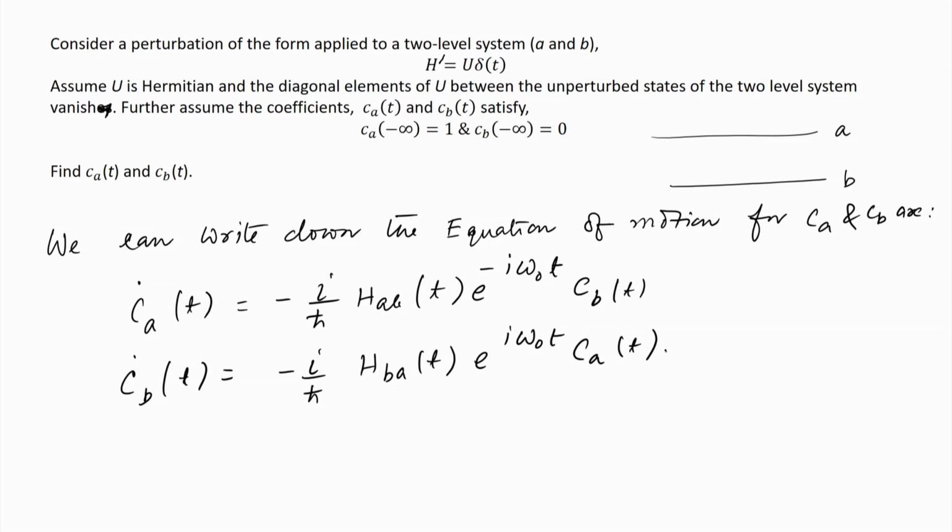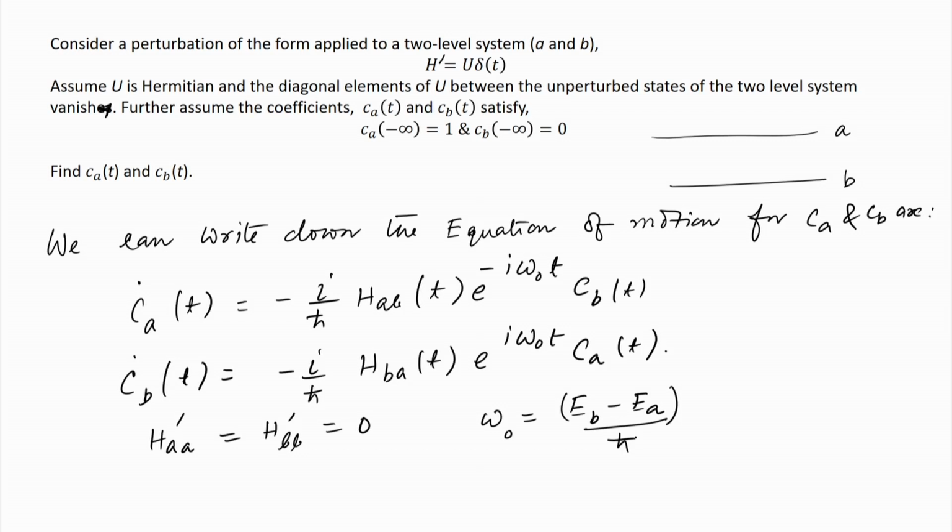In addition, as it was said, the diagonal elements between these states are equal to 0, and of course, the h cross omega naught, which is introduced here, is the difference between the two levels E b and E a, or one can write omega 0 to be E b minus E a by h cross.